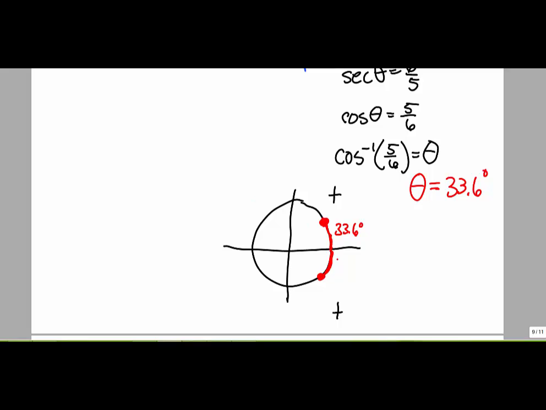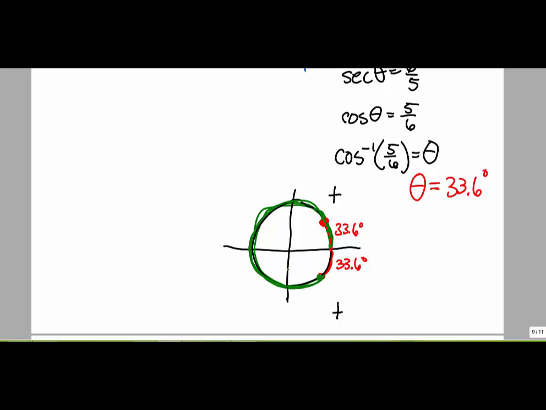and what we want to know is, if this distance is 33.6, what we're actually looking for is, if I start at the x-axis and go all the way around and I stop at this point right here, what angle is that? So what quadrant 4 angle starts here and goes all the way around and stops here where we have a reference angle of 33.6? Well, in order to find that, we have almost a complete rotation, except we stop 33.6 degrees short of going all the way around the circle.